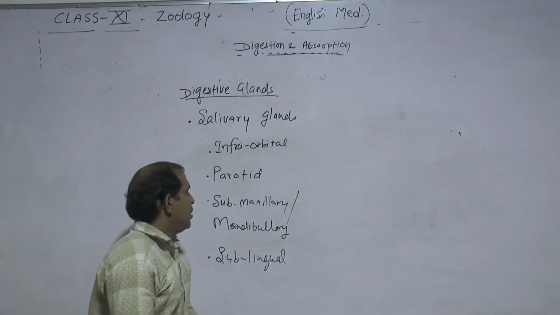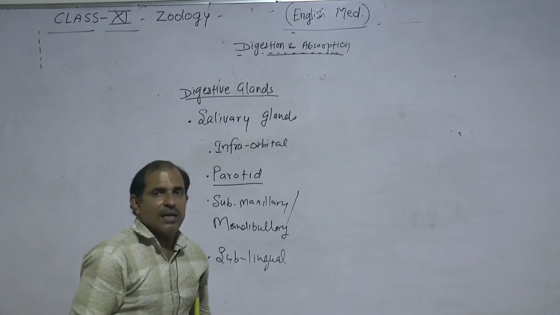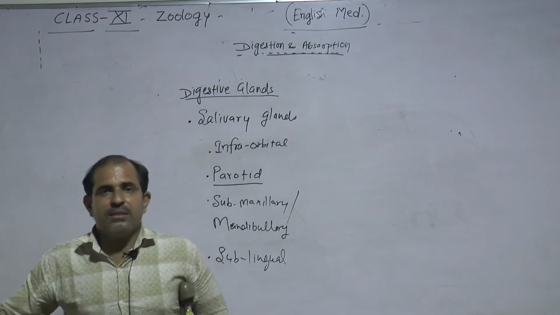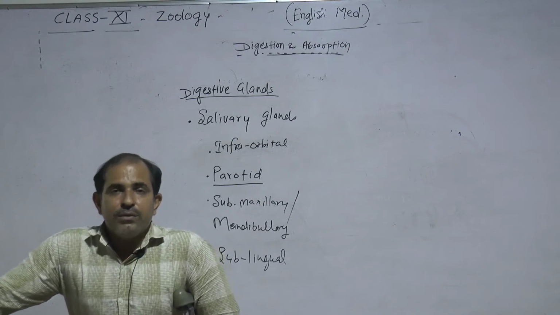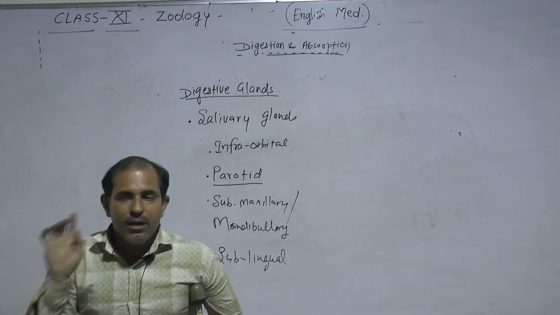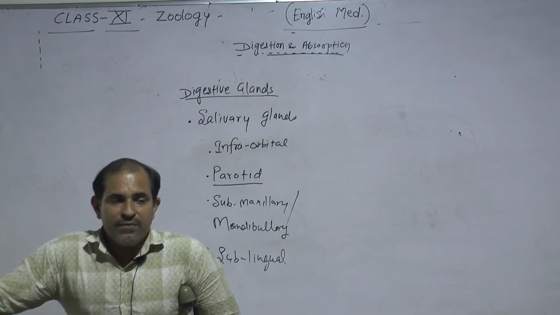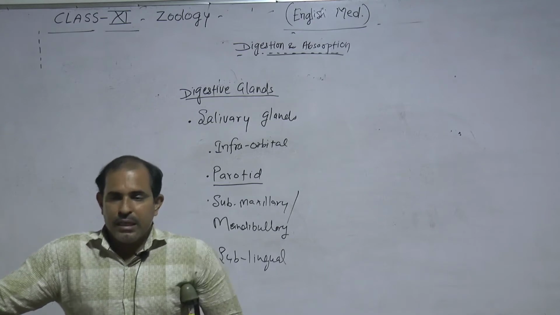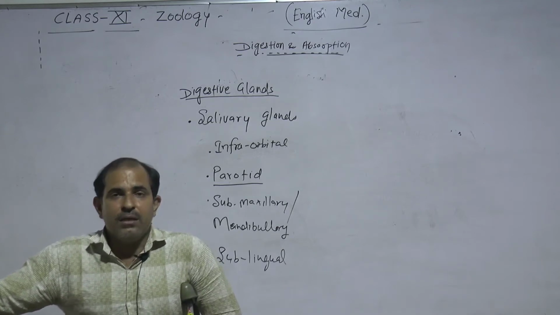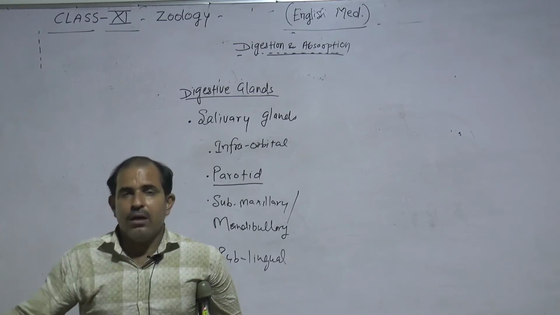Now the second one is the parotid glands. Parotid glands are the largest salivary glands, which are present beneath the ears. Got it? It means infraorbital glands are present under the eye orbit, whereas parotid glands are present near the ears.